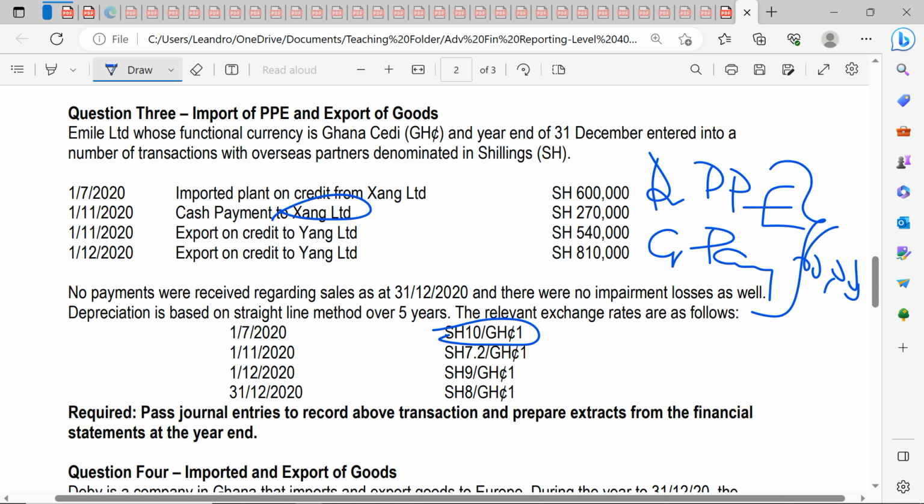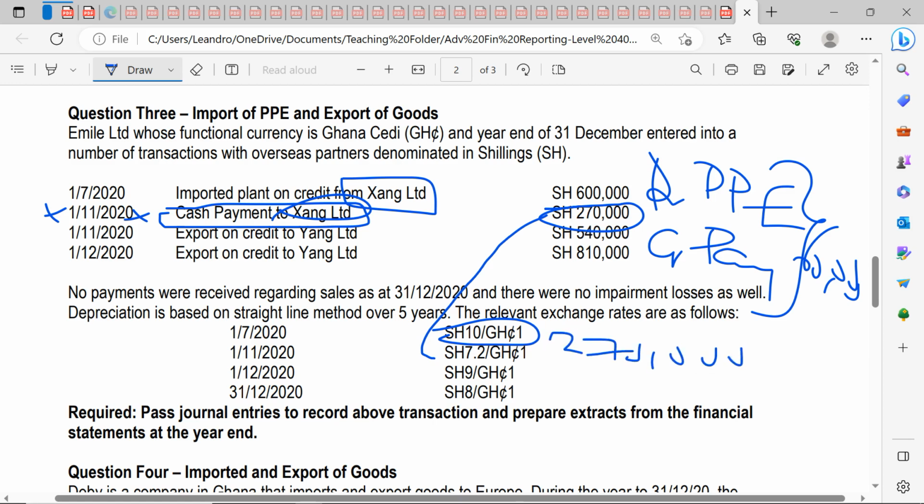Now the second one, on 1st November, they made part payment to the supplier for the plant, the PPE item. They paid 270,000, and the transaction date rate for that payment is 7.2. So you exchange 270,000 at 7.2. That will be the payment they make. But you must remember that this 270,000 is part of the 600,000, and it came into the books at 10.